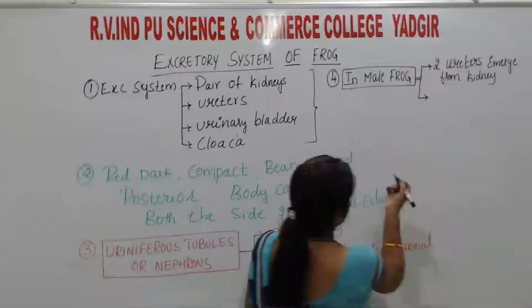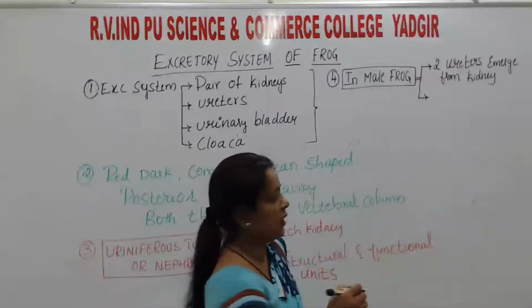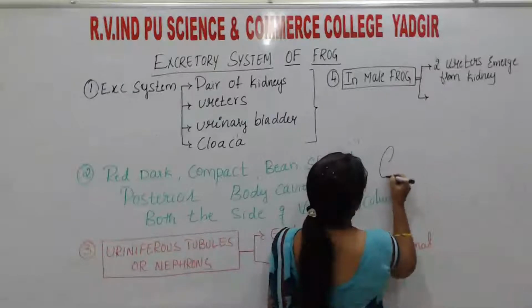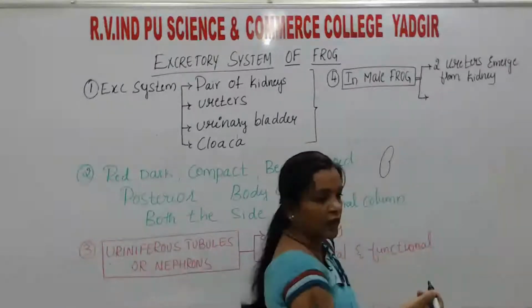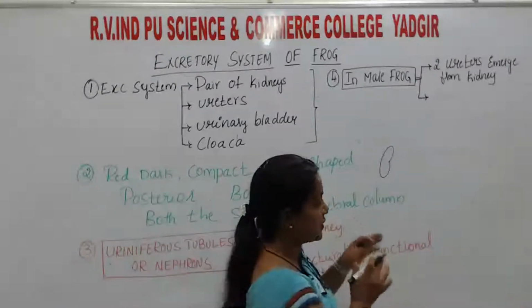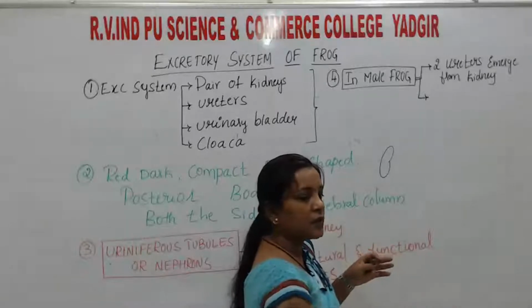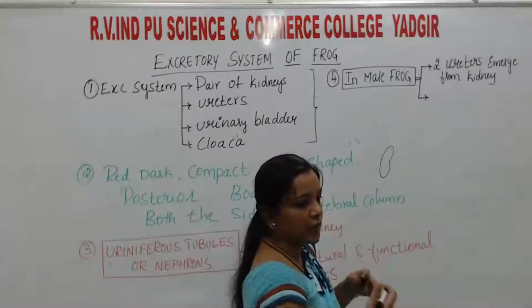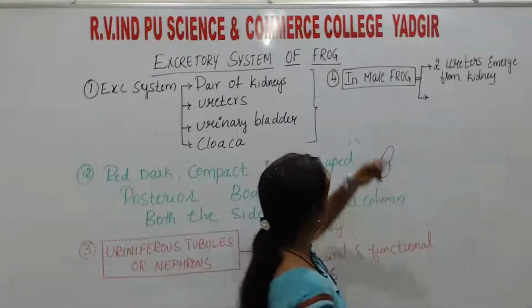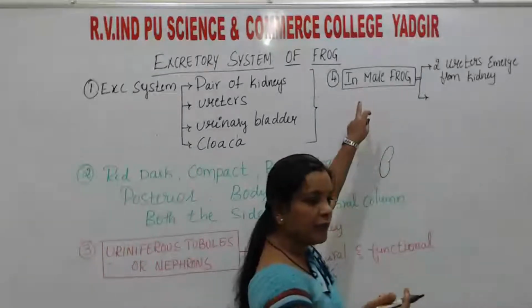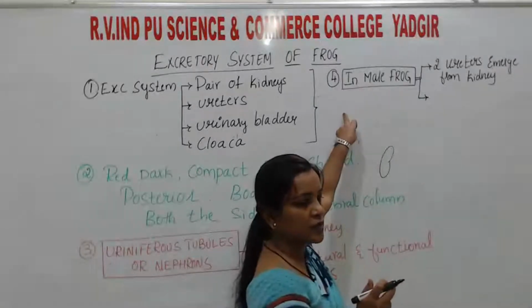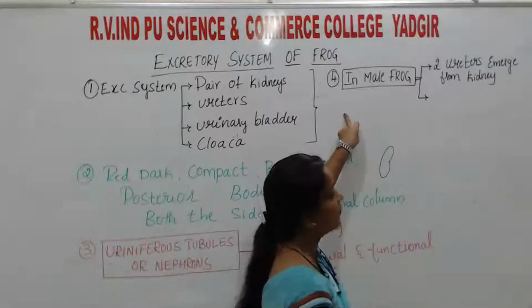Now, the diagram we are not drawing here, remember this theoretically. In the reproductive system, we have to draw the diagram. There you will come to know that we draw the male and female reproductive systems separately.